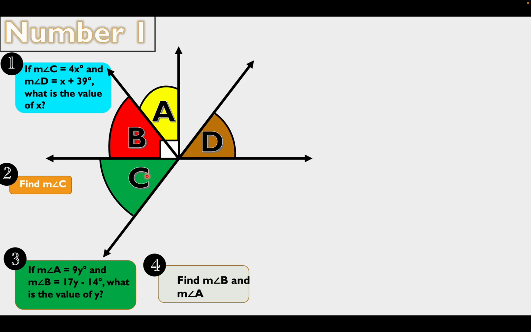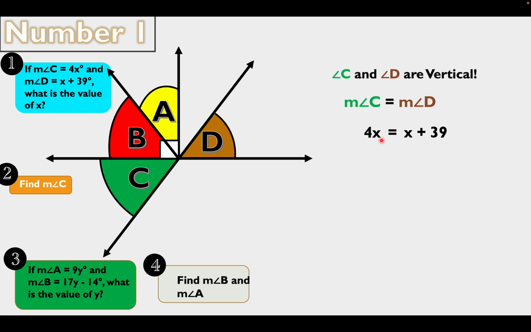I see angle C and angle D, they look like they're right across from each other, which means they are vertical. And I remember that vertical angles are equal to one another. So we can take our 4x for angle C and set it equal to x plus 39, which is represented by angle D.